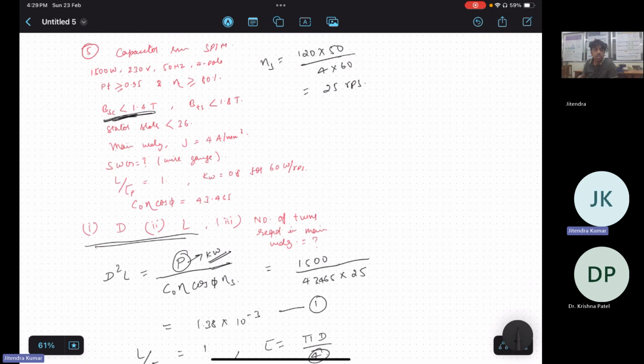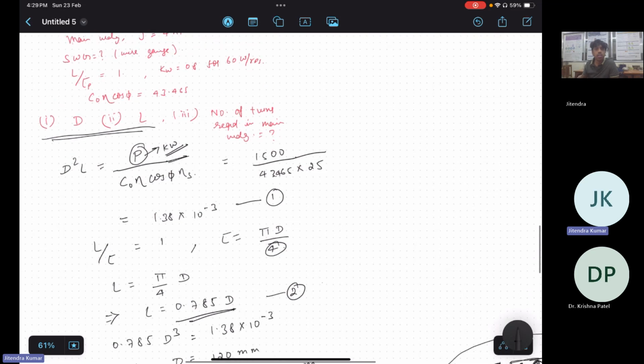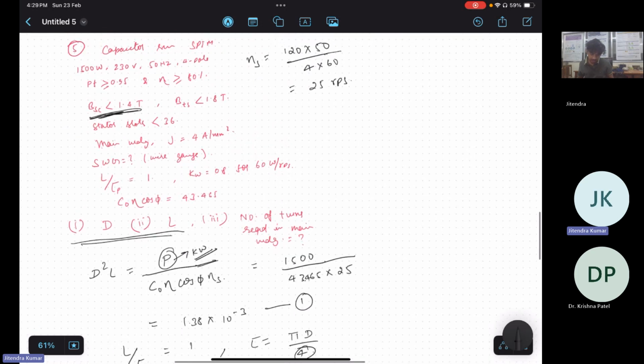So how to compare this? The outer diameter is given.